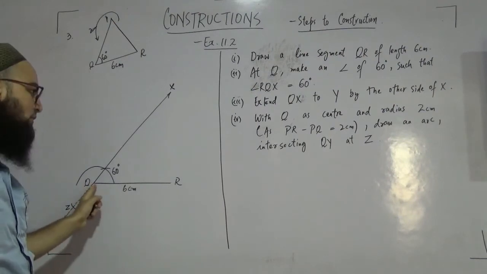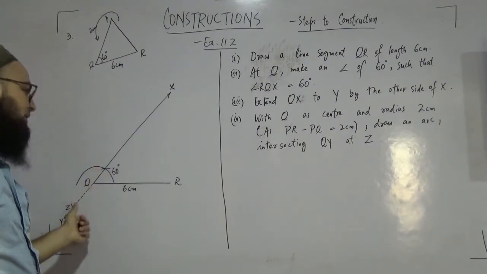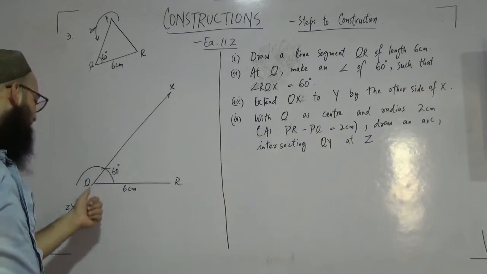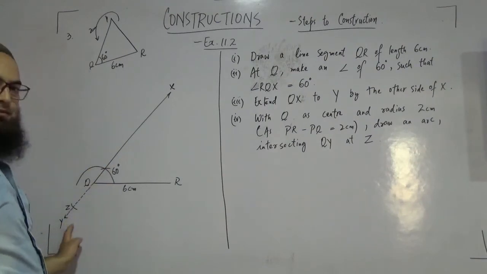This is your Z. With Q as center, radius 2 centimeter, draw an arc intersecting QY at Z.